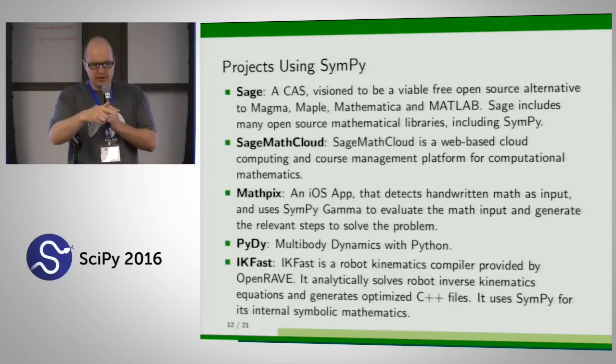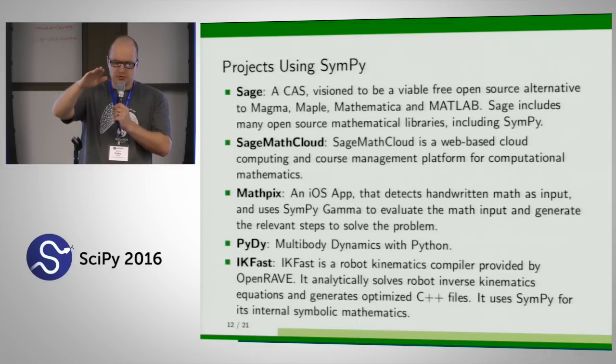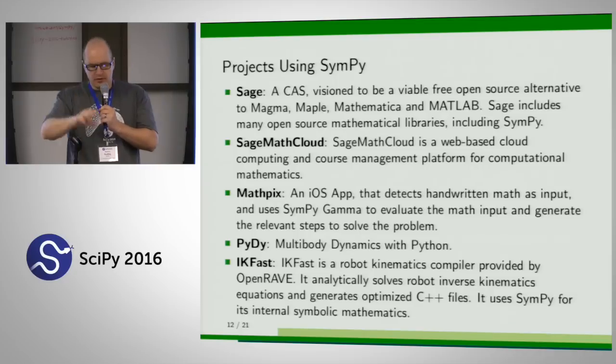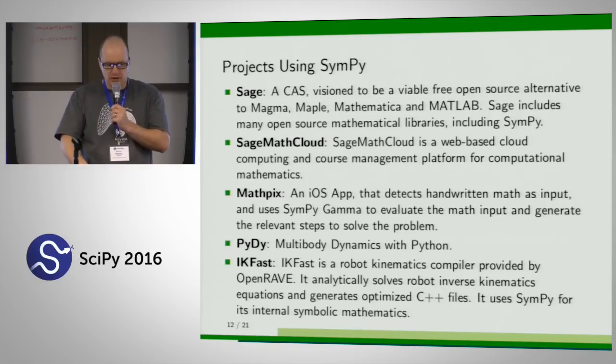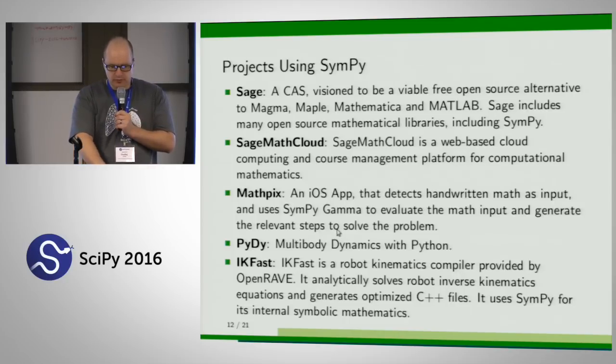In this case, LaTeX, it converts to SymPy, and then it gives you all kinds of things about that expression, like derivatives, series, integrals, plots. So sort of like Wolfram Alpha. That's really cool. But I cannot use it because I don't have an iPhone. But I've seen it on Aaron's iPhone.